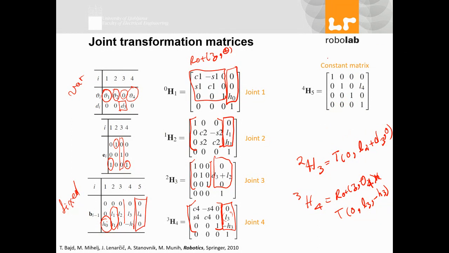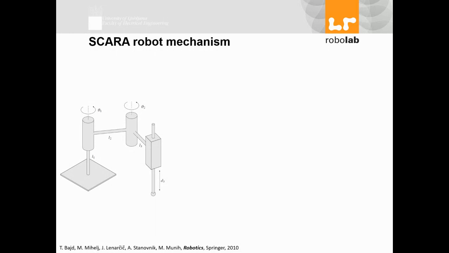Now you have these three, just one matrix multiplication, and it gives you the relationship between joints. By classifying or simplifying our calculation this way, we should be able to do that for every robot.